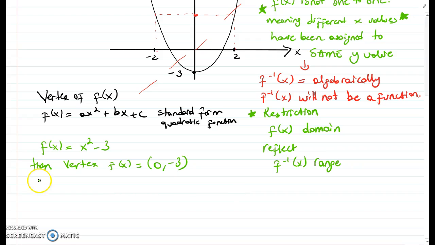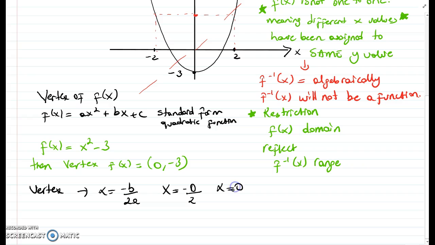So the vertex starts with axis of symmetry, which is negative b over 2a, which in our case, our b is 0. Here we don't have any x term, over 2a, which is over 2.